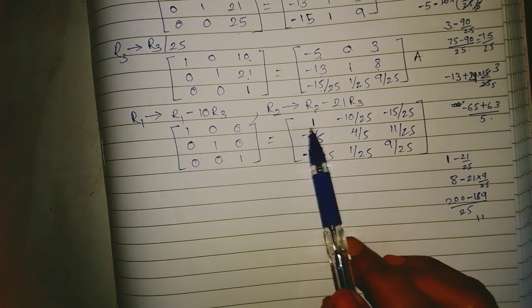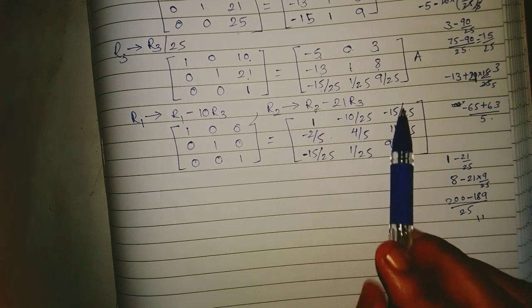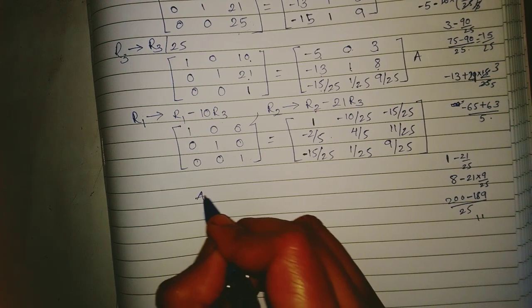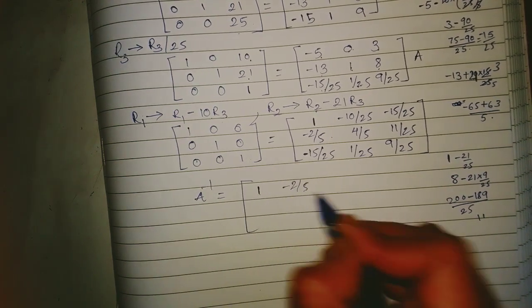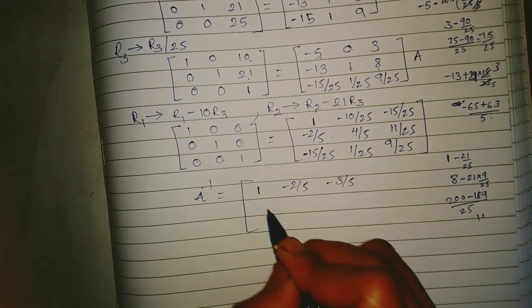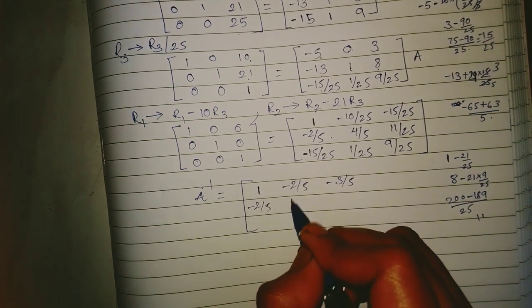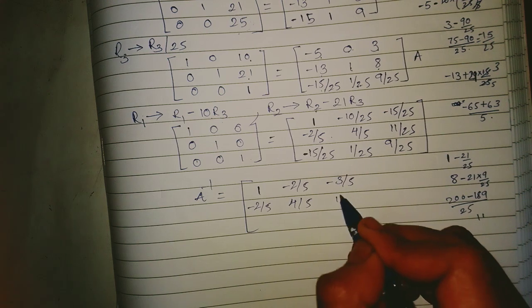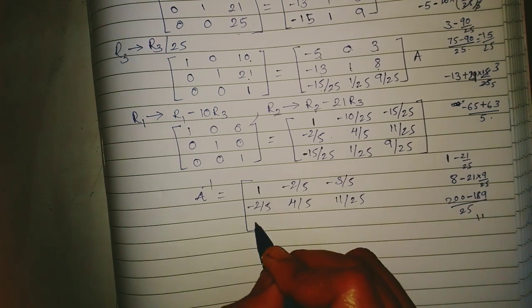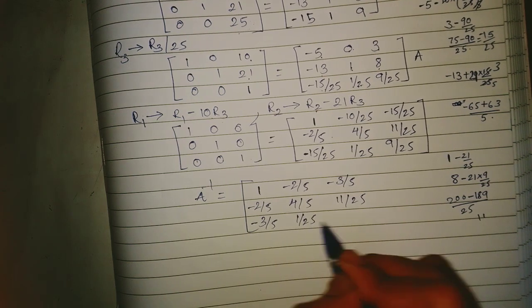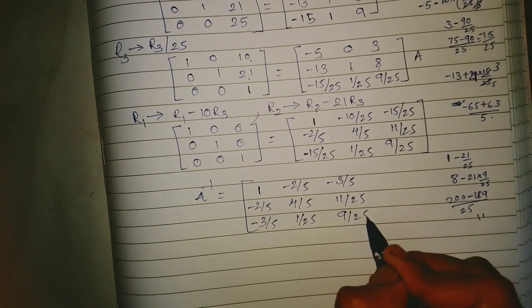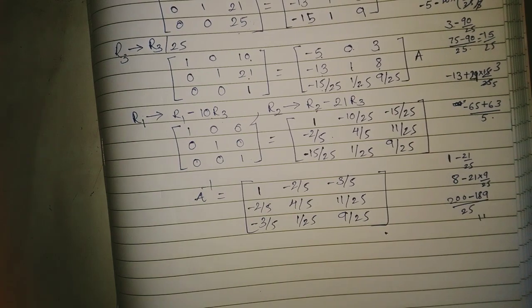Okay, so 1 minus 10 by 25 we can write. So your A inverse is 1, minus 2 by 5, minus 3 by 5, it's 2 by 5, 4 by 5, 11 by 25, minus 3 by 5, 1 by 25, 9 by 25. This is your A inverse. Okay.